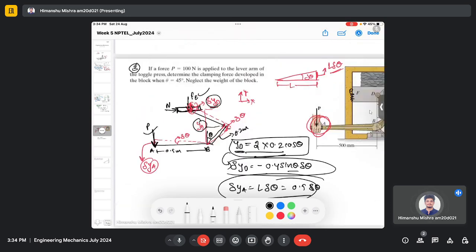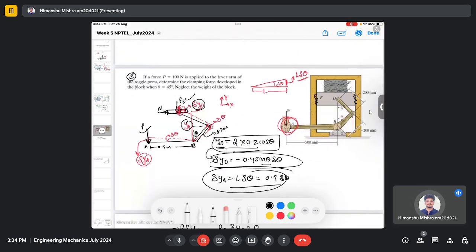And just observe another thing: when we use the equilibrium method, force and moment equilibrium equations, we need to consider the reaction forces and all. We need to identify all the forces acting on the system, and then we write down the equations for force and moment equilibrium. But here we need to consider only the active forces P and Fe.